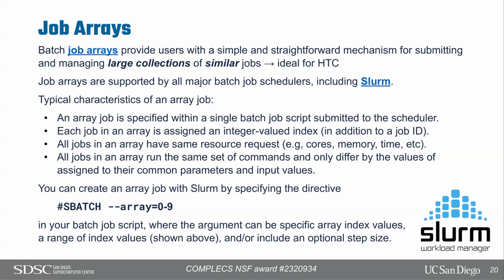You're assuming a very uniform job type while it's running. And even though each job can have a different input or different set of parameters, hopefully that doesn't affect the resources required for that individual sub job in the array, right?